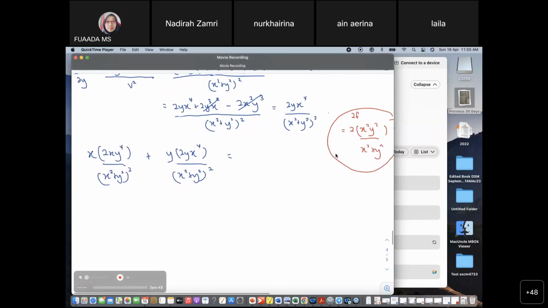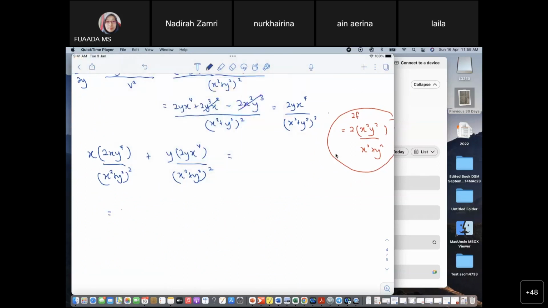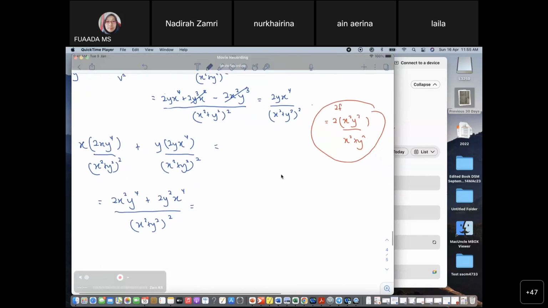Okay, so now we try to simplify what we got here: 2x squared y^4 plus 2y squared x^4 over (x squared plus y squared) squared. So you can see x, y, and there are two here.